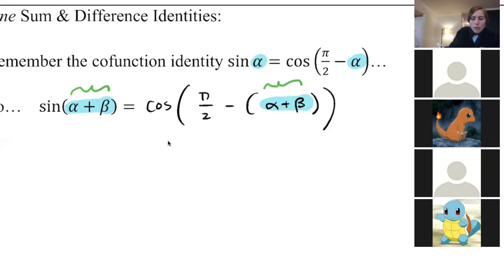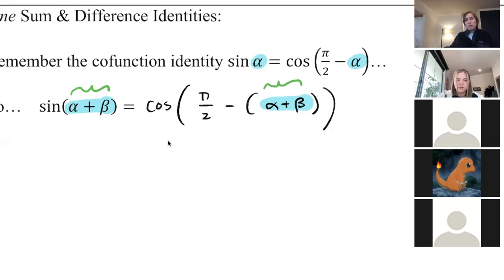Wait, Mr. Set, will that always work? Because you said something about having to be in the first quadrant. How would you know that you can use it then? Well, it could be a negative angle, right? So you can always use this? Yes. Okay.